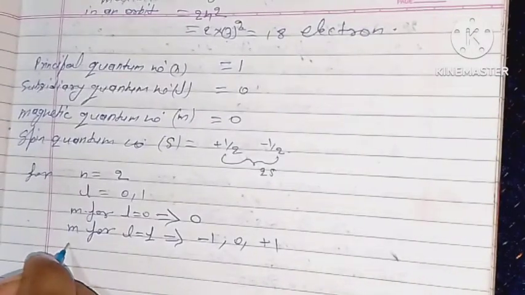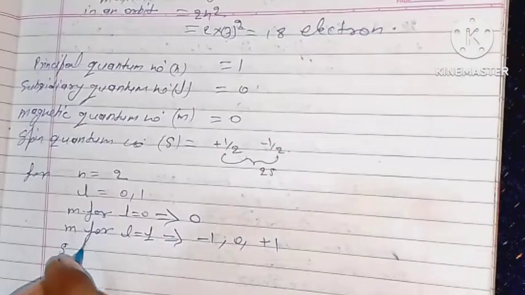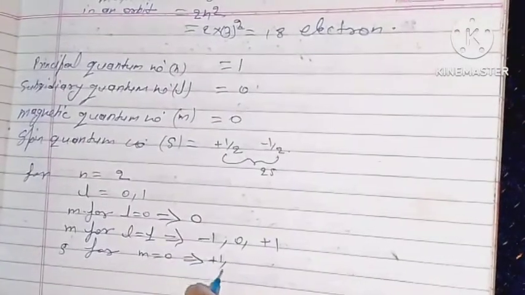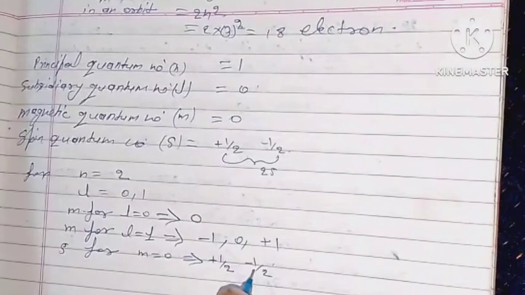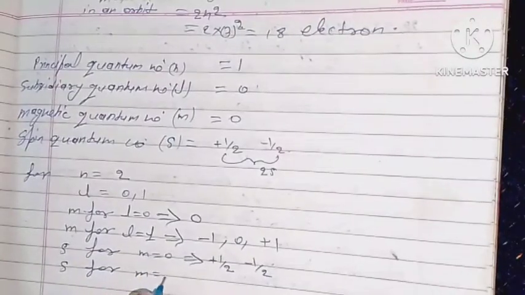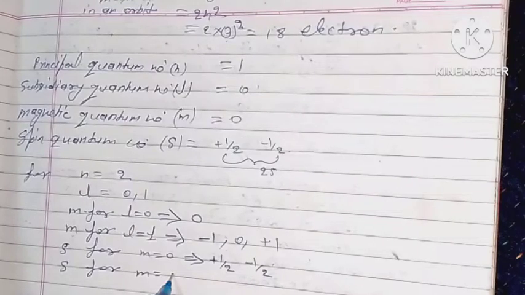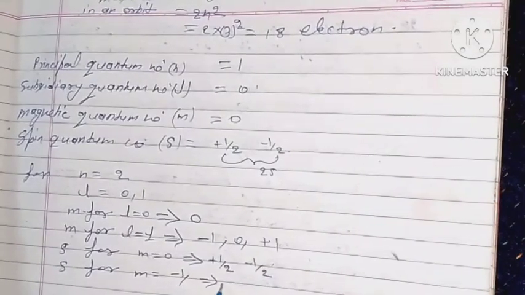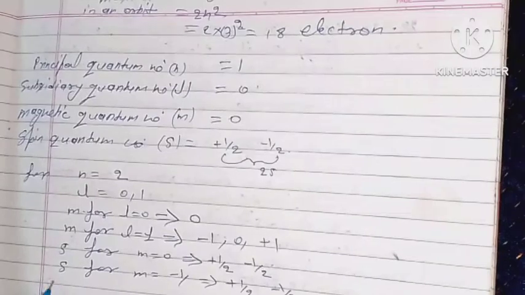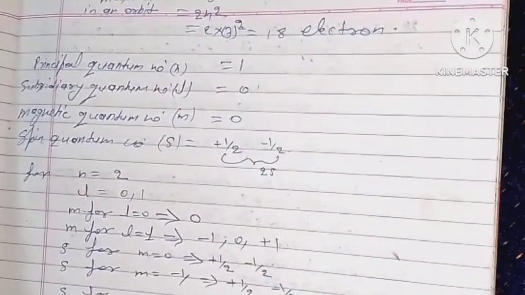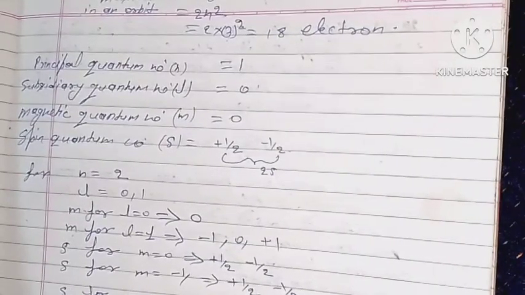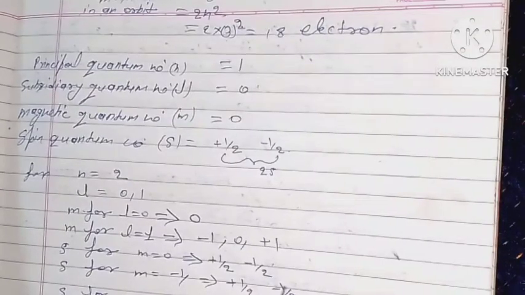The spin quantum number s for each m value is plus 1 by 2 and minus 1 by 2.